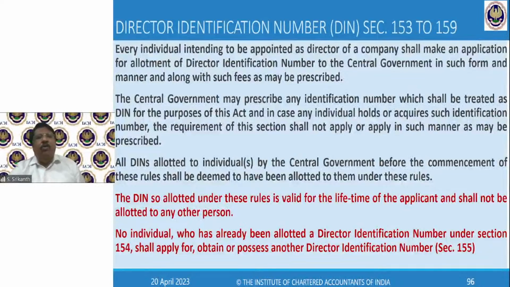So we already know that possession of a DIN is a precondition for appointment as a director. I repeat, you cannot be appointed as a director of a company unless you have a DIN. So that gentleman or lady who wants to be appointed as a director should first make an application for allotment of DIN.